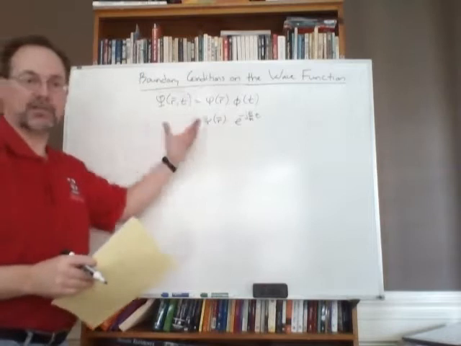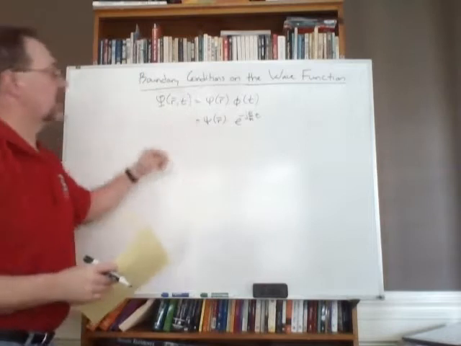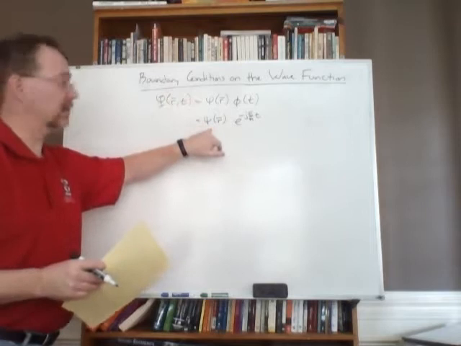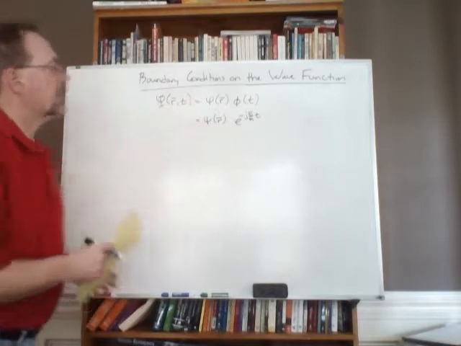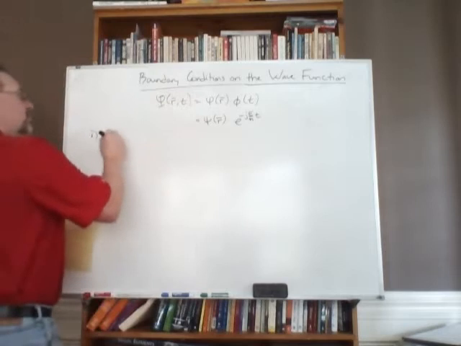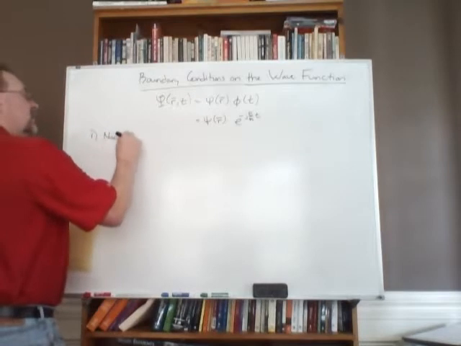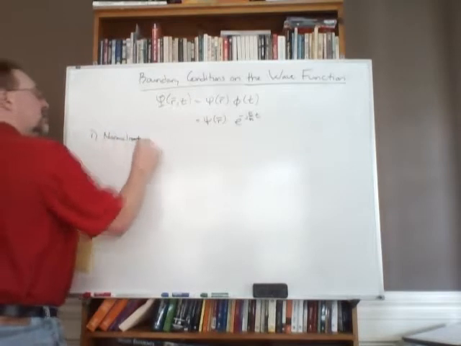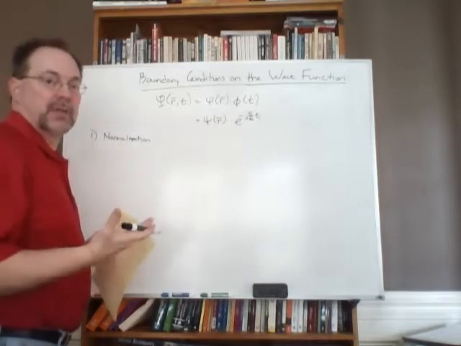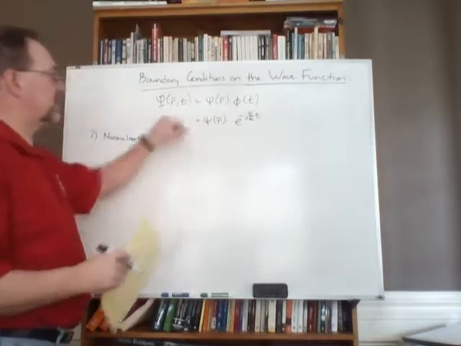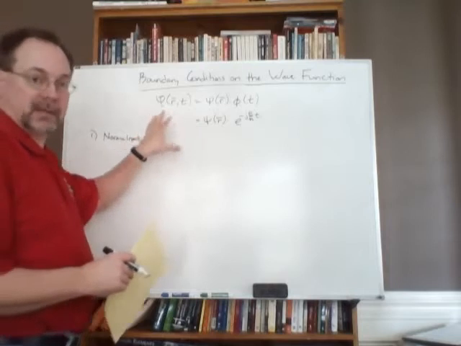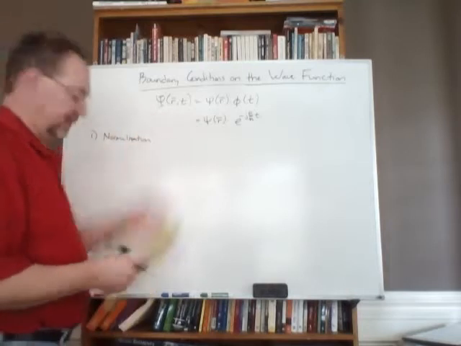Boundary conditions are spatial boundary conditions. We end up getting boundary conditions on little psi of r. The first one is not a boundary condition in the normal sense of solving partial differential equations. But it comes about because we interpret the wave function's square magnitude as a probability density.